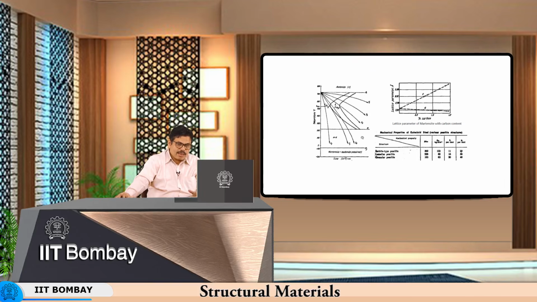So there will again be incomplete transformation of austenite to martensite. So what you will have is martensite plus retained austenite at room temperature, and you will also have the iron carbide that has formed as a result of the beginning of this transformation over here.